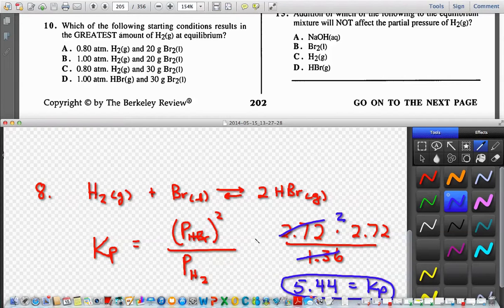Other than that, we know what the Kp is. More bromine should not affect it at all. Let's try a couple of things.